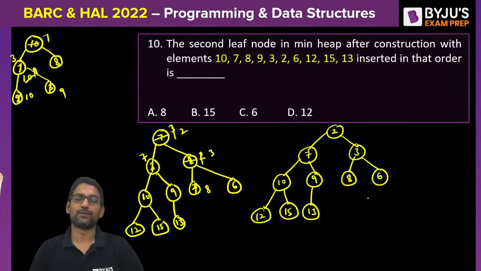Second leaf node. What are the leaf nodes here? 8, 6, 12, 15, 13. So this is the second leaf node. 6.